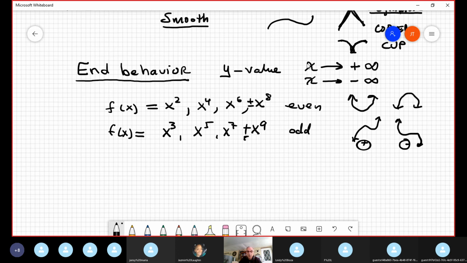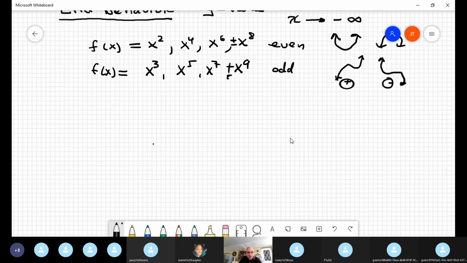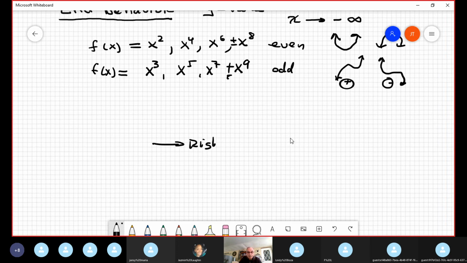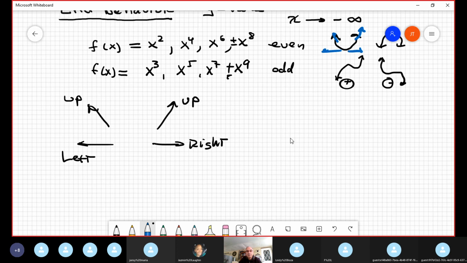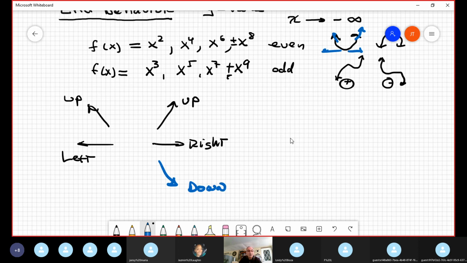So we call this kind of end behavior, the notation that we are using is, look, right up and left up, or right down and left down.